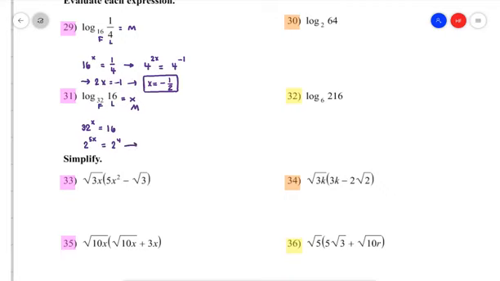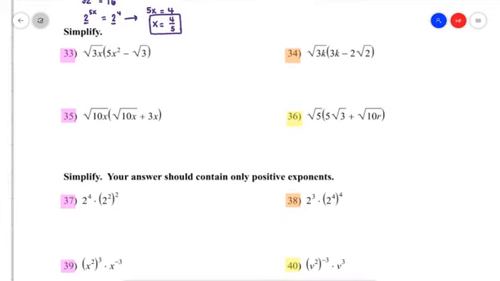So then once I have the same base, the 2 and the 2, I can set their exponents equal to each other. So 5x equals 4, which means x equals 4/5. And x is what I was looking for, what the log equals, so 4/5 is my answer.